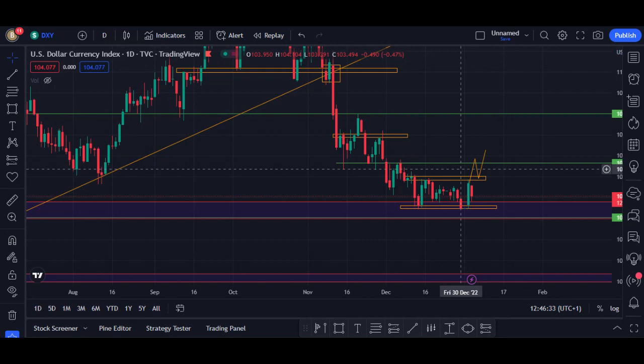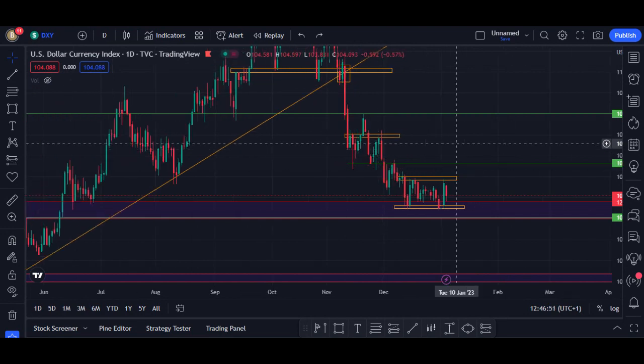So we need to know the direction of the market. The market is currently ranging at the moment, guys. If the market should break above the zone, we are looking at bullish price action. If the market should break beneath the demand zone, we are looking at bearish price action.